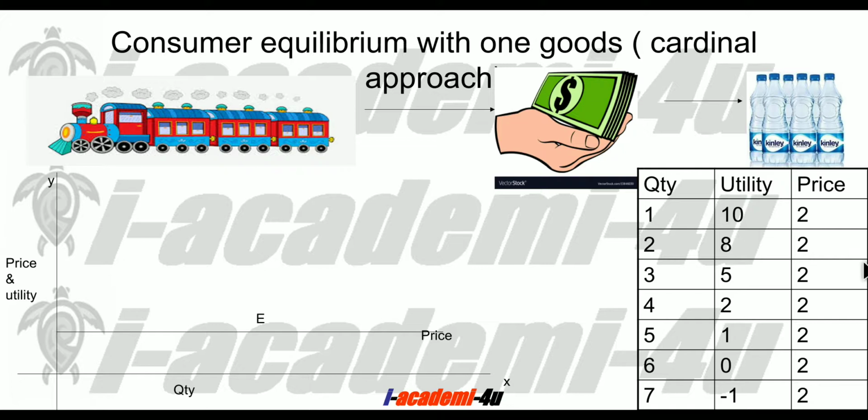Now, at what level of consumption would the consumer derive the maximum satisfaction? To determine this, it's a very simple exercise. Let's say these are the utility, and these are the quantities.